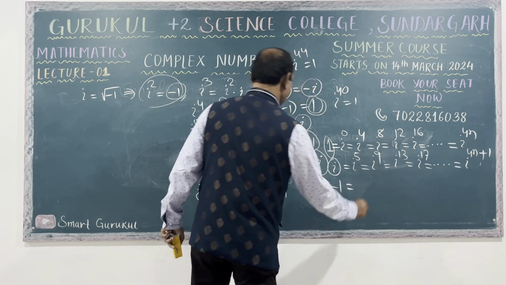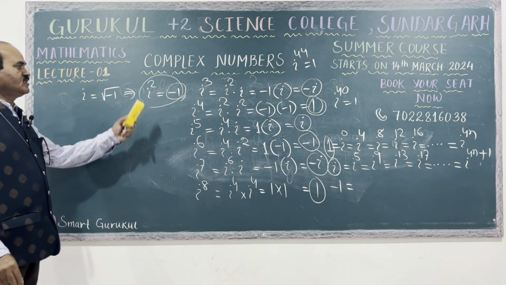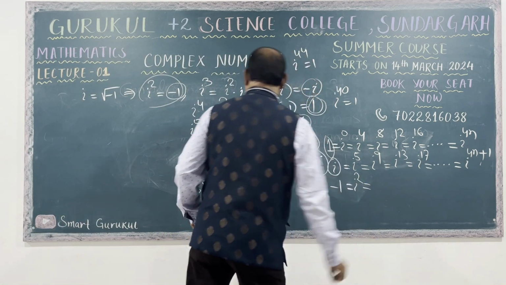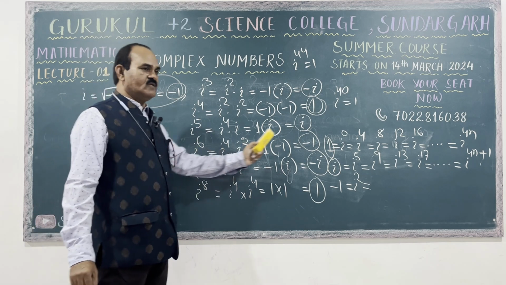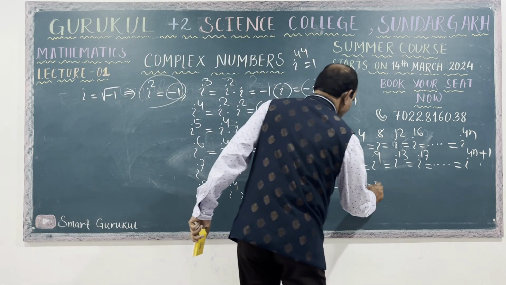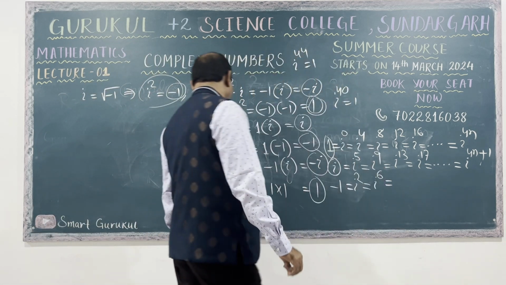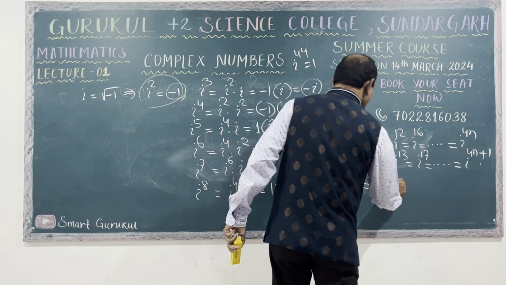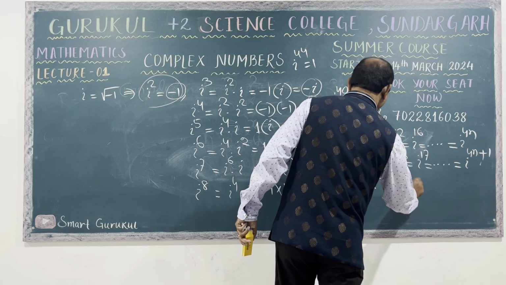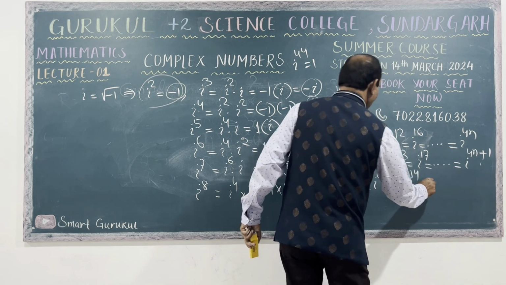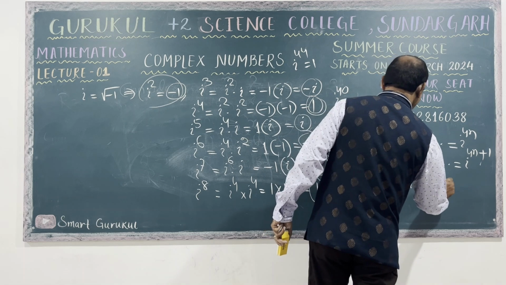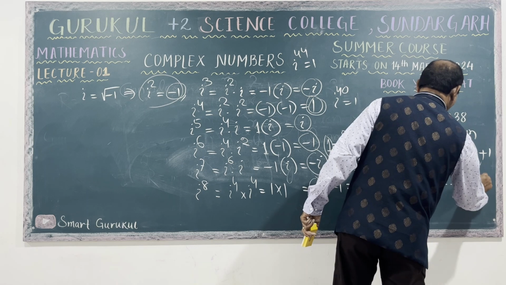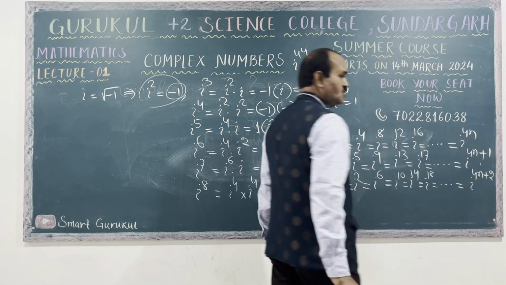I square, the value is -1. Similarly i power 6 is also -1. Then i power 10 will be -1, i power 14 will be -1, i power 18 will be -1, and all these numbers are in the form i power 4n plus 2.